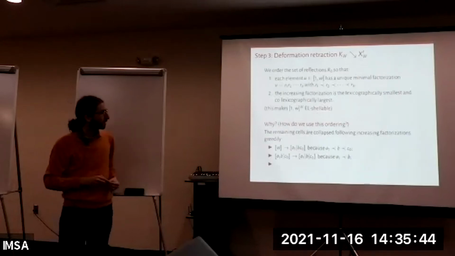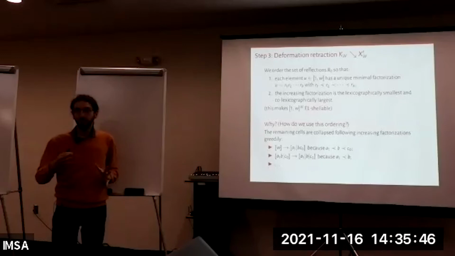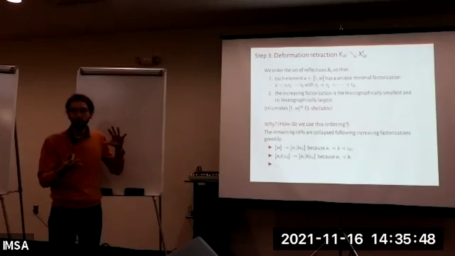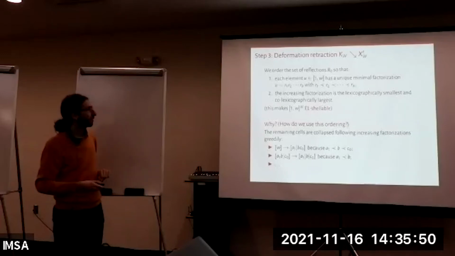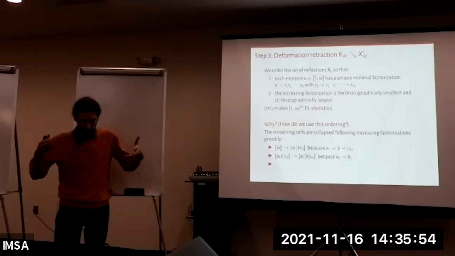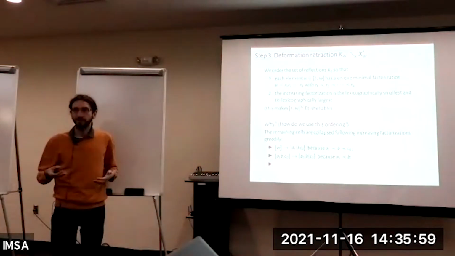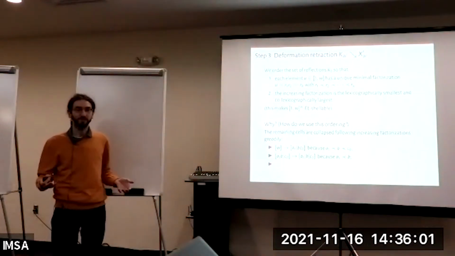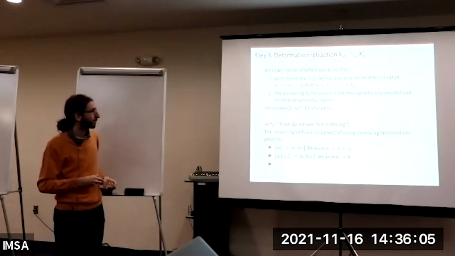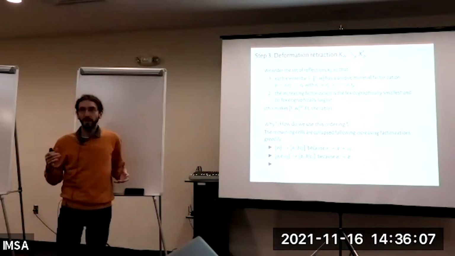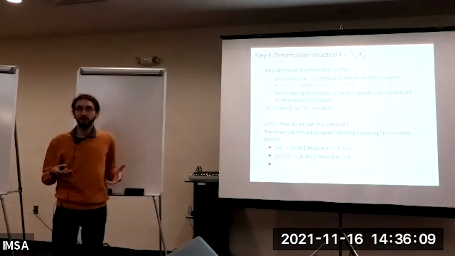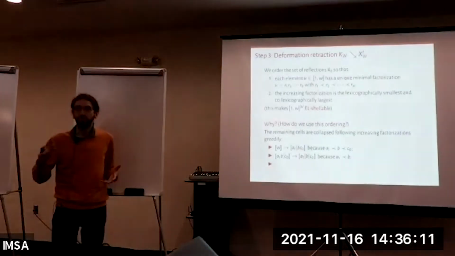For this second stage of collapsing, to construct this collapsing sequence, or discrete Morse vector field, however you want to think about it, it turns out that the language of lexicographic shellability is particularly useful.